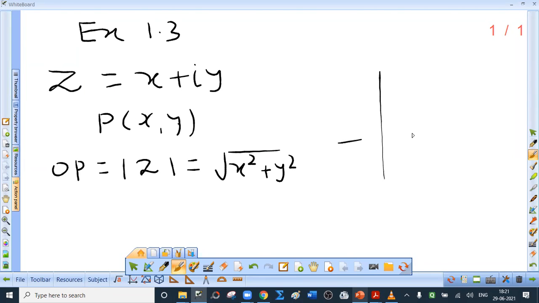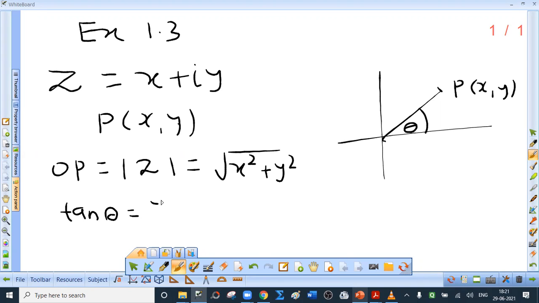Suppose this is the point representing the given complex number. If this angle is theta, then theta is called the amplitude or the argument of the complex number, and tan theta is nothing but y upon x. Actually, in 12th standard, we are going to discuss that theta equals tan inverse y by x.